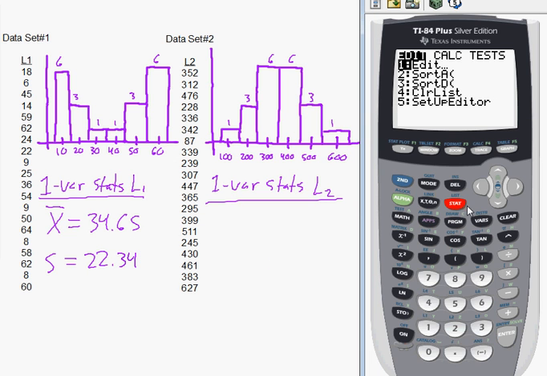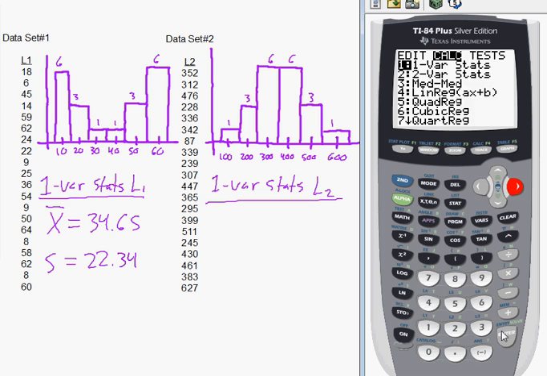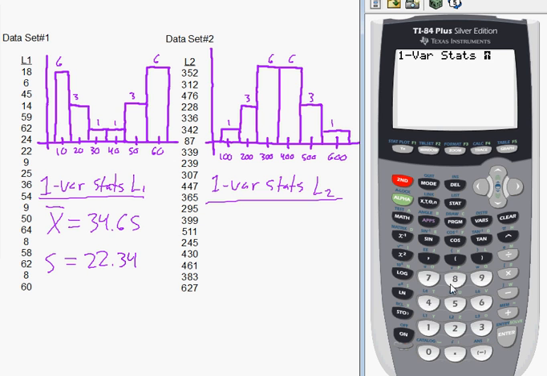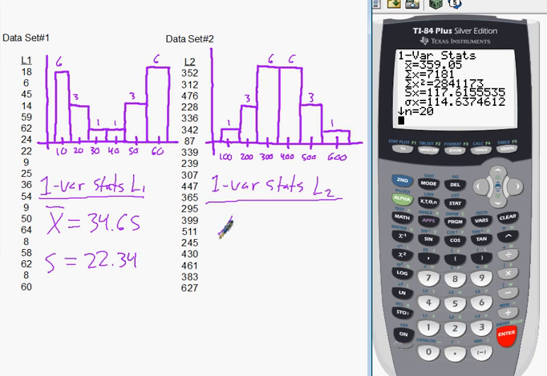Now we'll go back and do one var stats for L2. And we have our mean is 359.05 and sample standard deviation of 117.62.